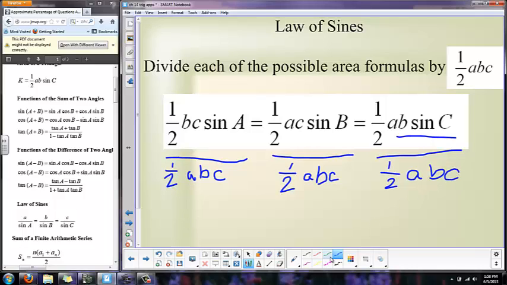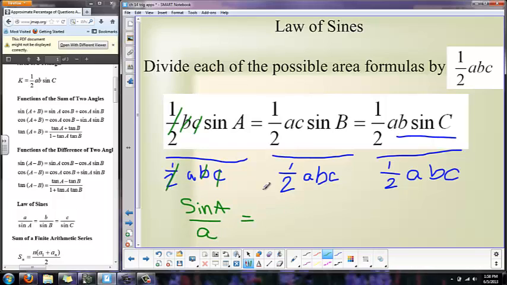Okay, so now it's the fun part, we get to cross stuff out. Well, there's a 1/2 here and a 1/2 here. I have a B and we have a C. So this whole equation becomes sine of A, sine of angle A, divided by side length A.